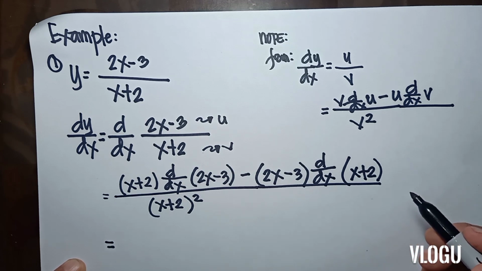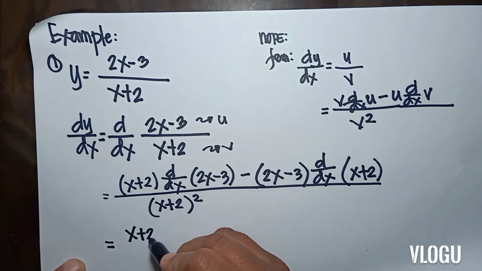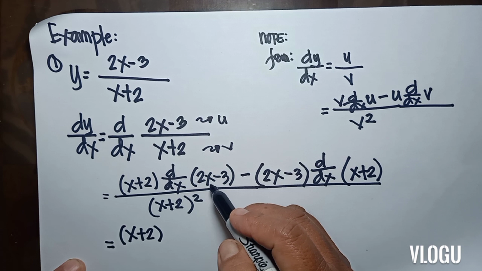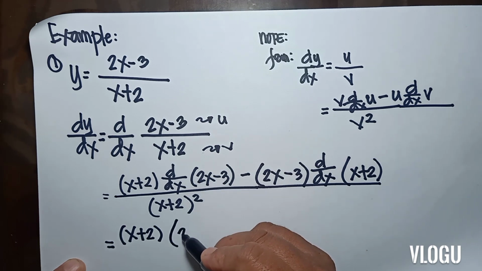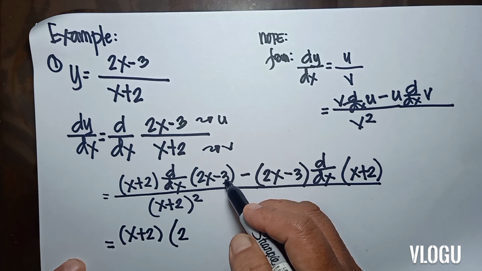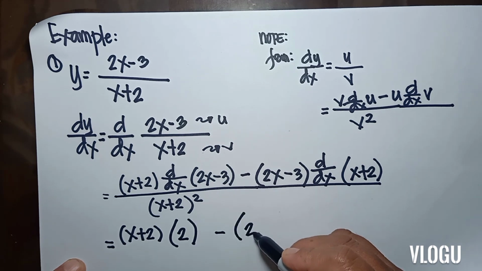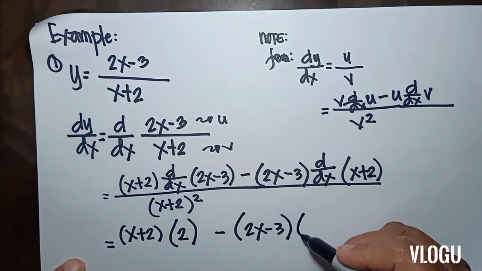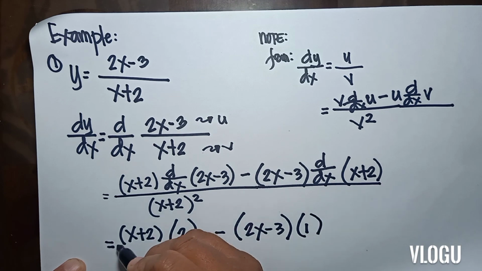So we start with x plus 2, and we find the derivative of 2x minus 3. The derivative of 2x is 2, and the derivative of 3 is 0. Then we have 2x minus 3, the derivative of x is 1, and the derivative of 2 is 0.